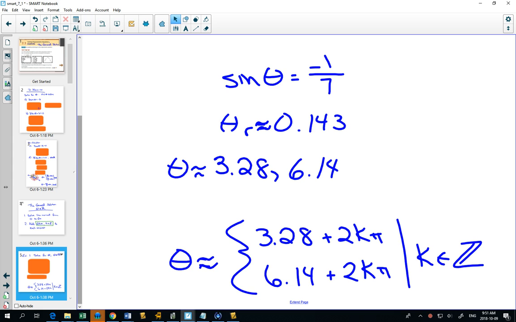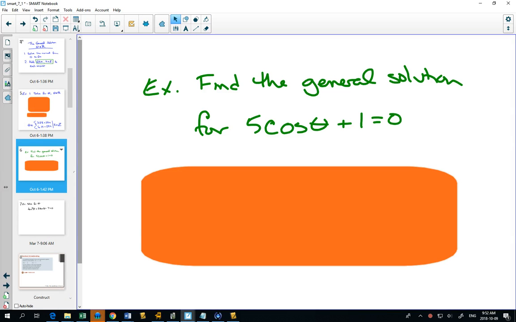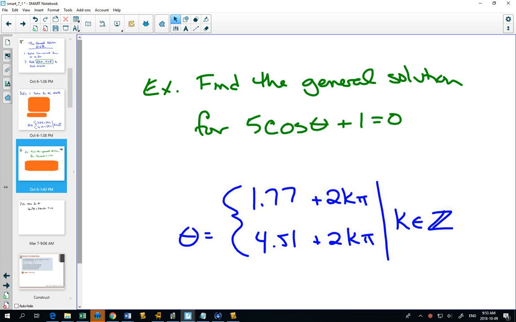So on the top of page 575, we're going to do B. Find the general solution for 5 cos theta plus 1 equals 0. There's the answer only, no work shown, so you can see how you did.